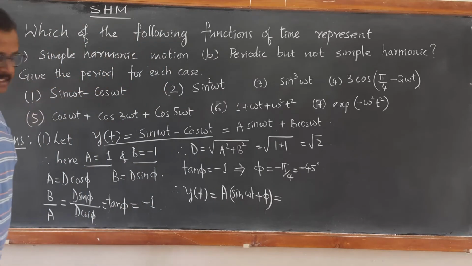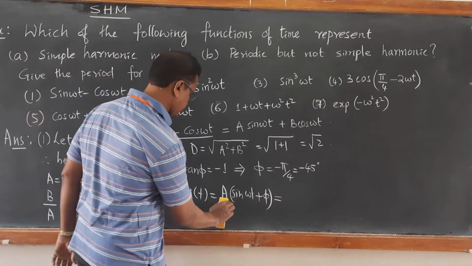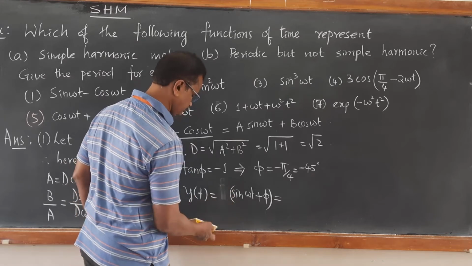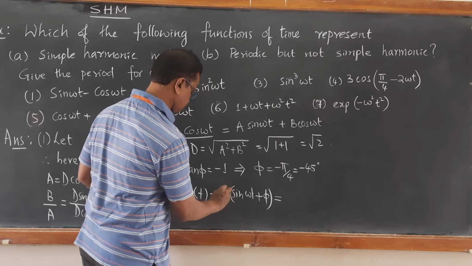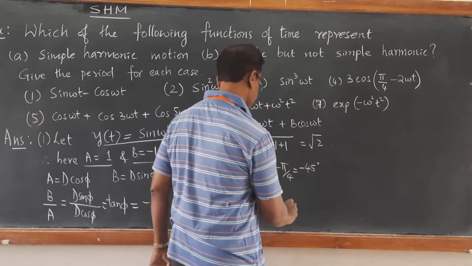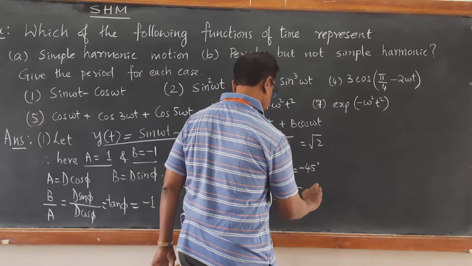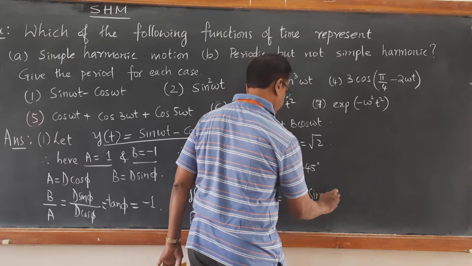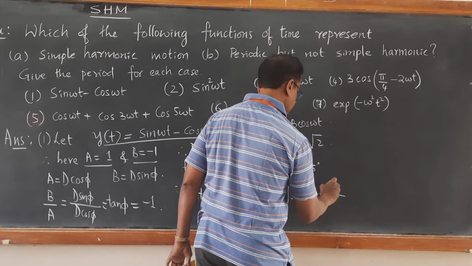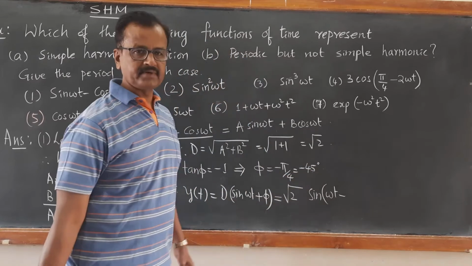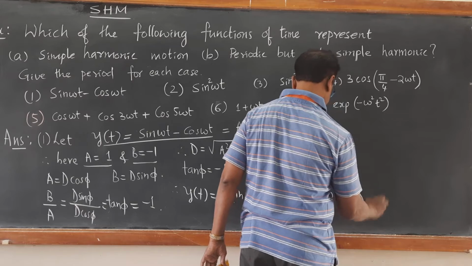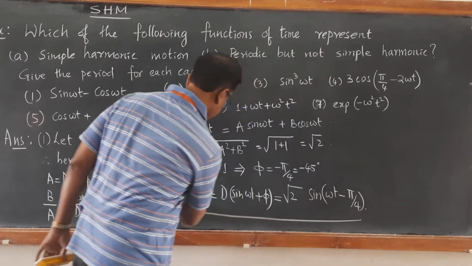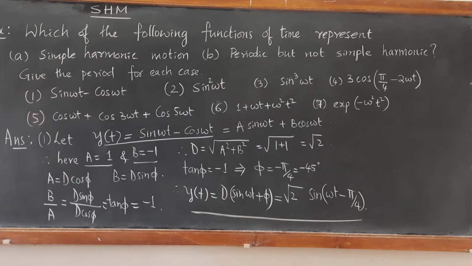It is not A, it is D. D sin omega t plus phi. D is root 2 sin omega t plus phi. Phi is minus 45, so I can write minus pi by 4. This is the equation. Therefore, it represents simple harmonic motion.